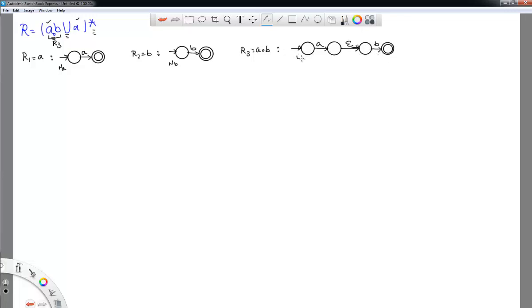So this is my first NFA, N sub A. This is the second NFA, N sub B. And all I did is that I removed this accept state of the first one, and I had that transition into the start state of my second one. So this is the NFA that recognizes A concatenated with B. Okay, so I've done that.